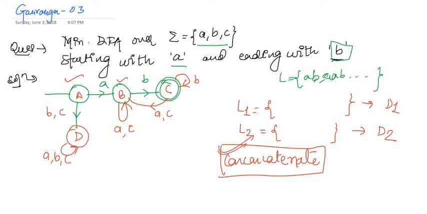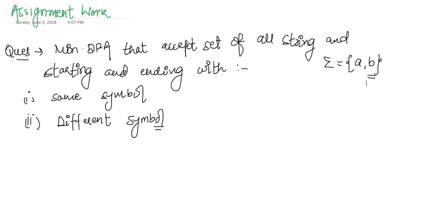Try this as your assignment work. Please try, you will definitely be able to make this question. So this is the assignment for this video. I will tell the answer in the next video, but before that please try this.